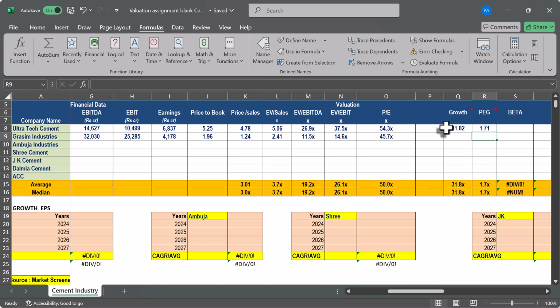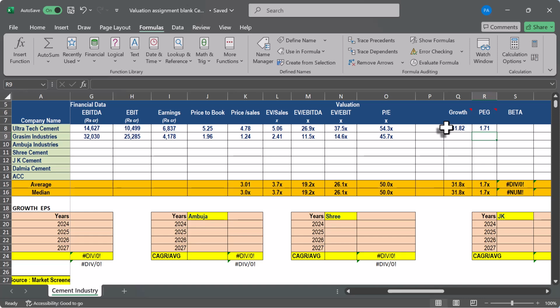That means the company is rightly valued. But any number above 1 means the company is overvalued, trading at a premium to its growth. If the number is less, then we say the company is trading at a discount to its growth.